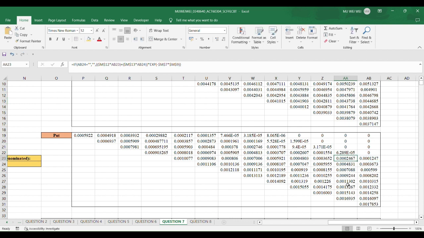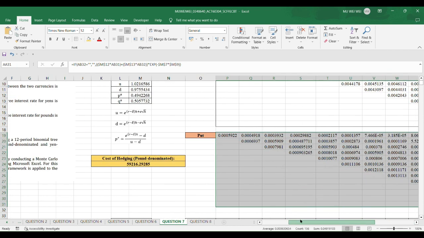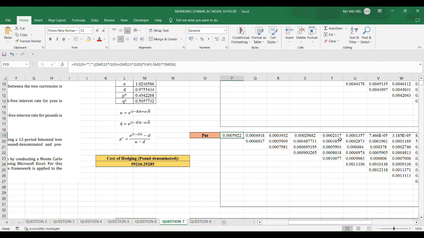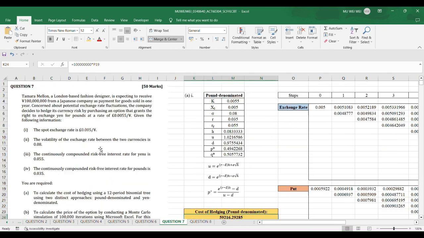And the formula is the same for all the cells in front here. So in the end, we will get this value at period 0, which is the price of the put option at the period of 0. So at last, the cost of hedging for the pound denominated will be the price of the put option times 100 million, which is the value right here.